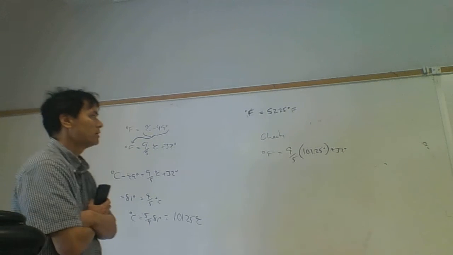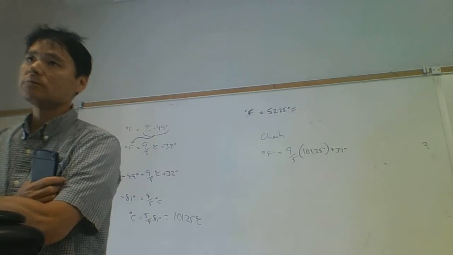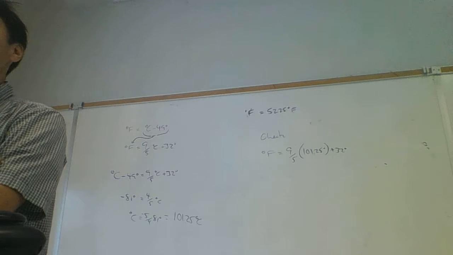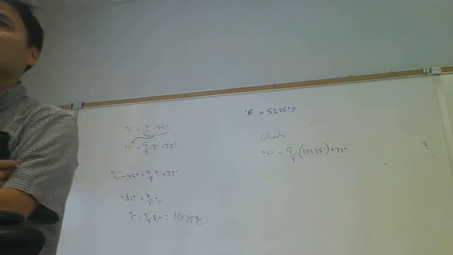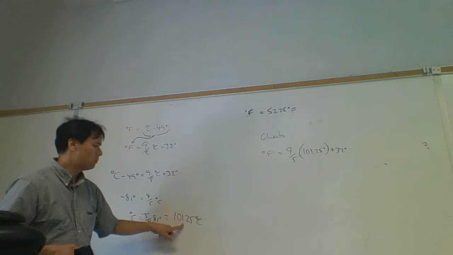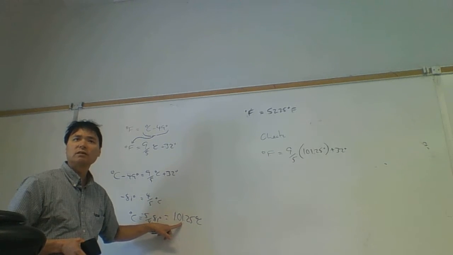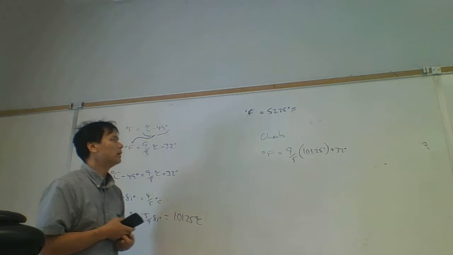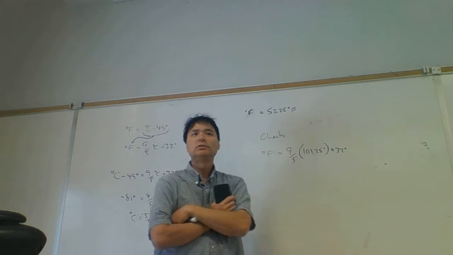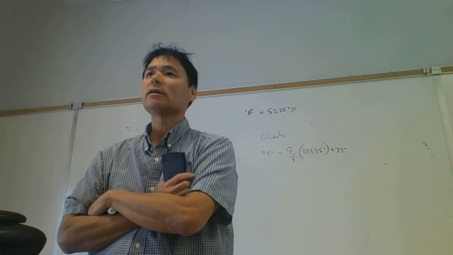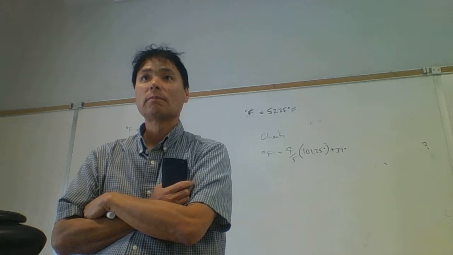Or I could do a mental check. If I do a mental check, then you have to have some numbers memorized. For example, what's the boiling point of water in degrees C? 100. And so this is about 1 degree warmer than the boiling point of water. And then does this look right to you? 52.25 degrees Fahrenheit is like a little warmer than boiling water.